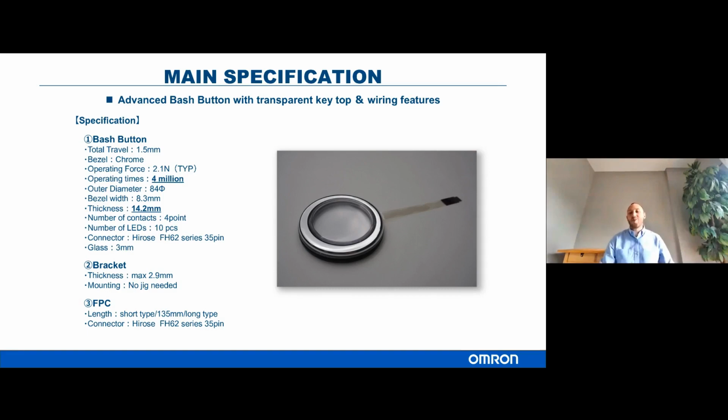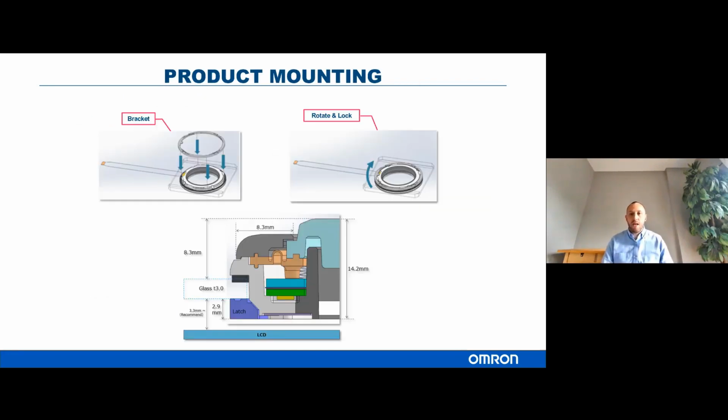The next point is that the recommended glass thickness for this is 3 millimeters. And then here's the product mounting. Our product does mount into the glass that you would have over the LCD. So the glass thickness would be 3 millimeters. We have the top portion of our product, which is the actual push button, or the bash button.